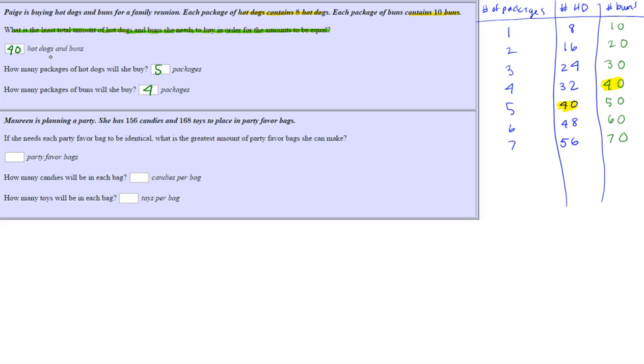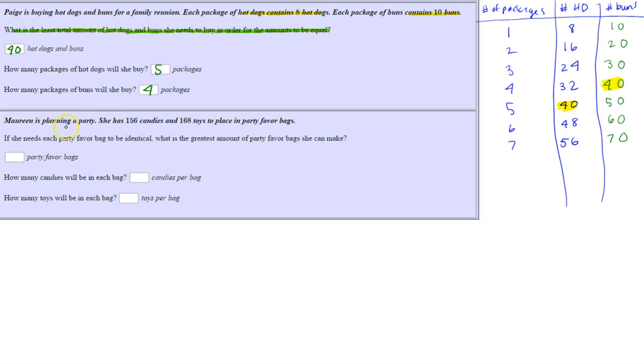And notice that what we did here was find multiples of the number of hot dogs and the number of buns, and we found the smallest multiple that matched up, which is the least common multiple. So that's what 40 represents for both 8 and 10. 40 is the least common multiple.